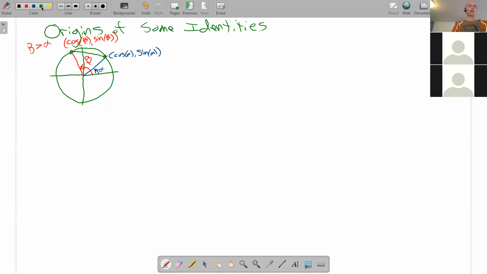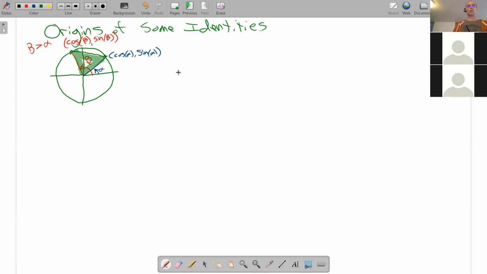Now, I could look at that in a slightly different way because I have made a new angle here. If you look at this triangle right there, the central angle in this triangle is beta minus alpha.